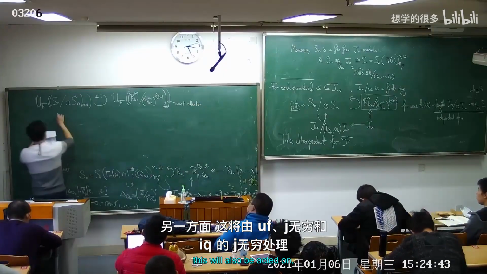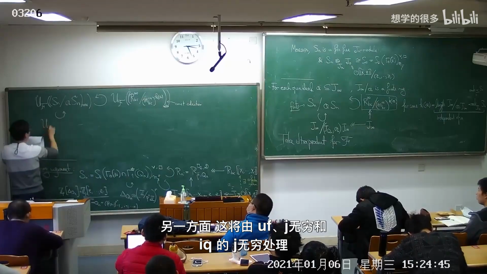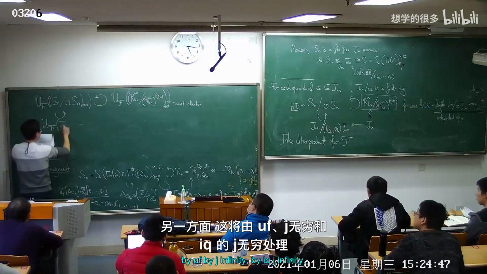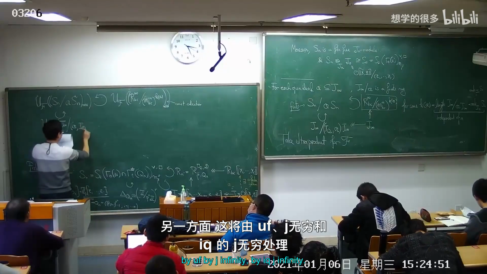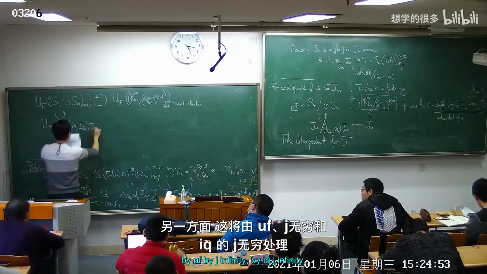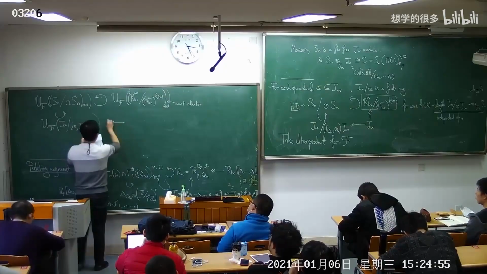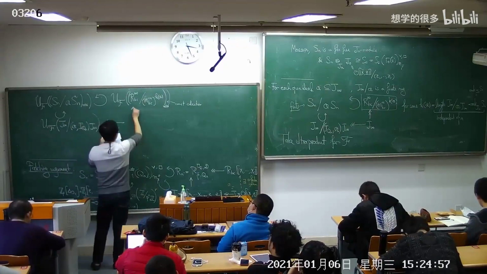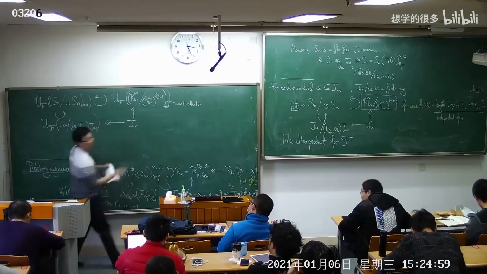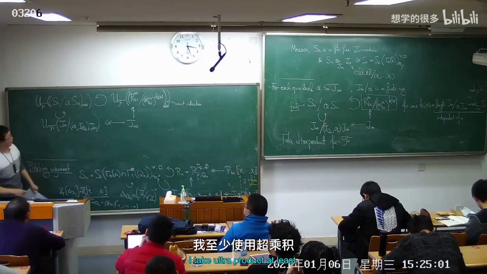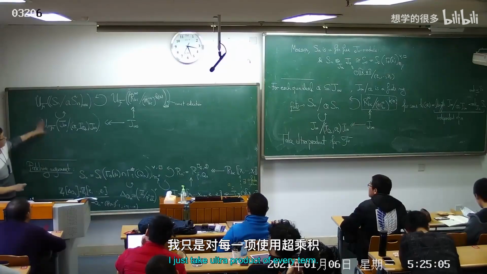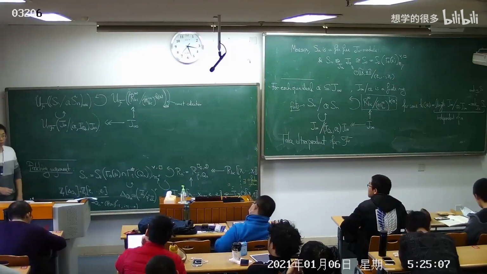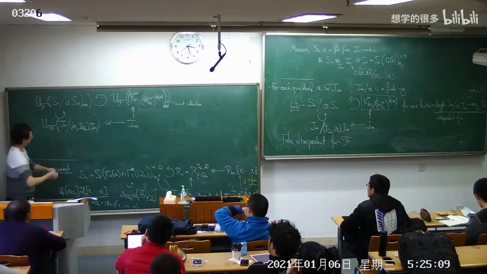On the other hand, this will also be acted on by U_F of J infinity by I_Q J infinity. I take the ultraproduct of these. So after that picture, I just take the ultraproduct of every term. Let's see what we have here.